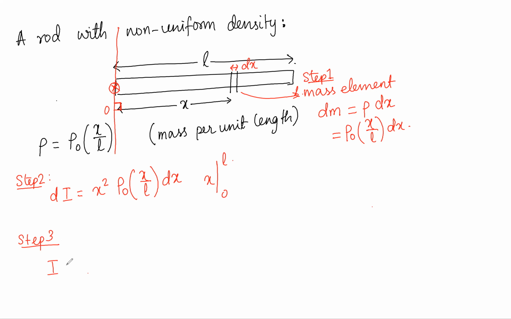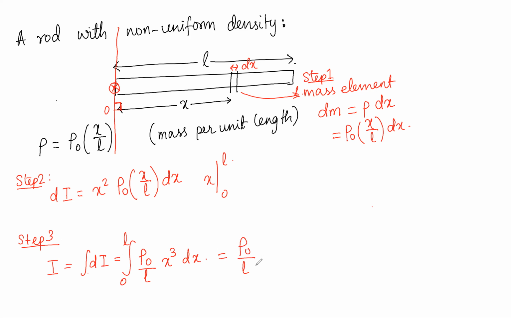So the moment of inertia is equal to the integration of dI, which is the integration of rho 0 by L, x squared times x, which is x cubed dx, from 0 to L. It is simple. Take rho 0 by L outside.